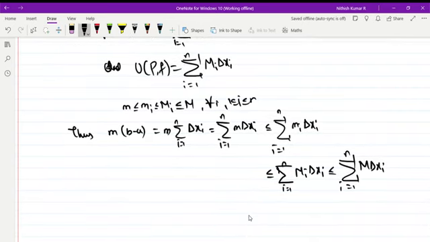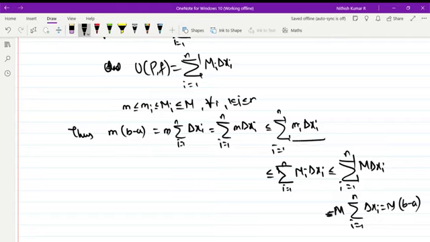Now I can take this M outside, so it is M into summation i equal to 1 to n of delta xi. This is again the length of the interval, b minus a. So these sums, the sums of small mi delta xi and capital Mi delta xi, lie between small m into b minus a and capital M into b minus a. These are some bounds again.